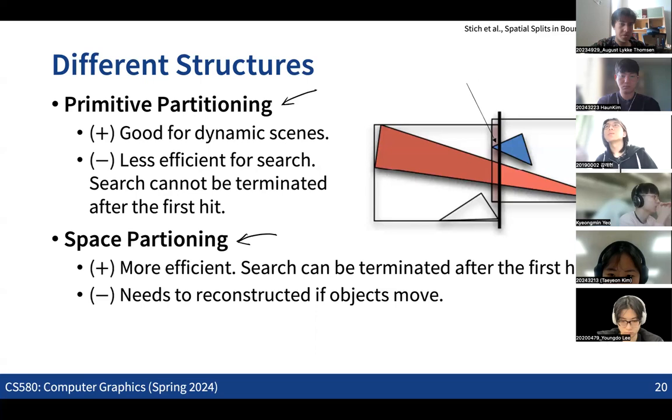So that is good in that, for dynamic scenes, the bounding volume hierarchy can be more efficient because we don't need to reconstruct everything. Those are some pros and cons, and there are many other pros and cons. We can also discuss those things later.